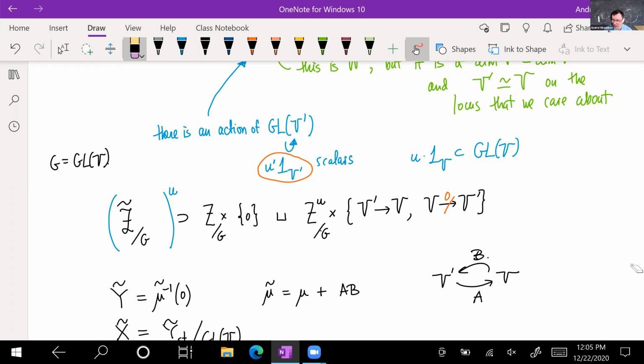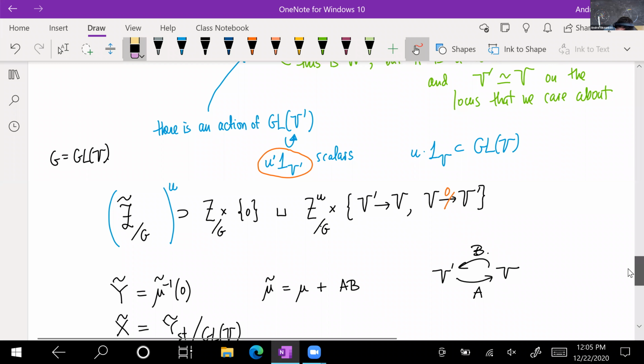It means I take T star from, so I get another copy of V, maybe call it V prime. Take T star of Hom from V prime to V. This has an action of V prime. And now this will be the space Z with the tilde.